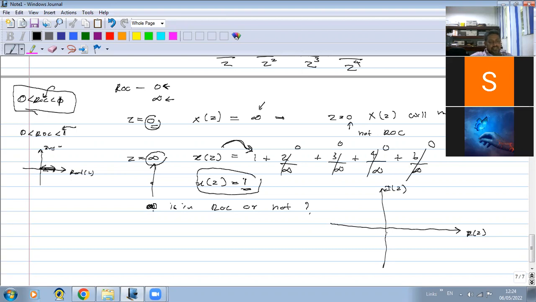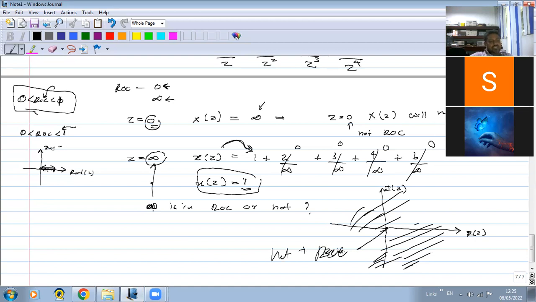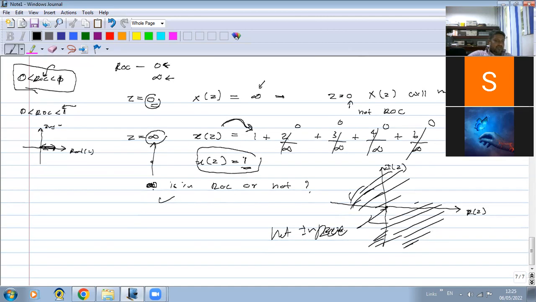You can see that except this point, 0, all the other values in the plane are in the ROC, but the 0 is not in the ROC. Did you get it? I hope you get it.